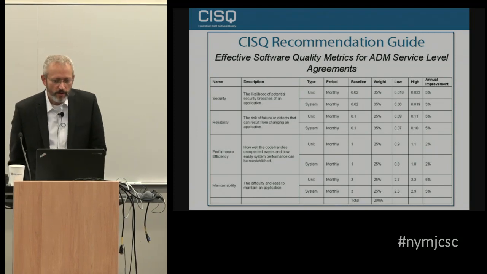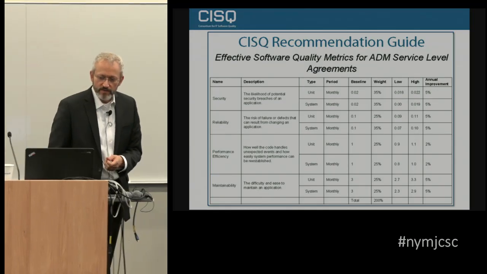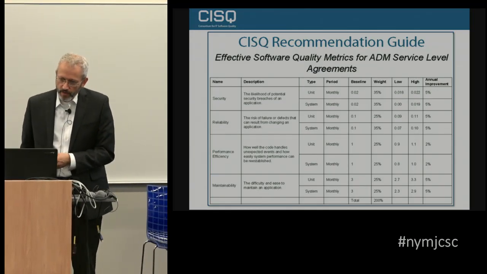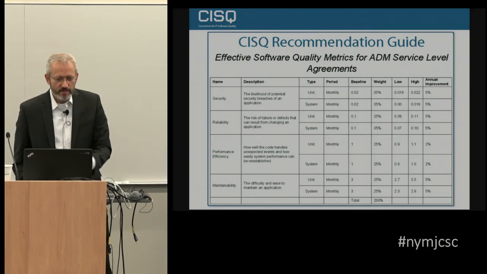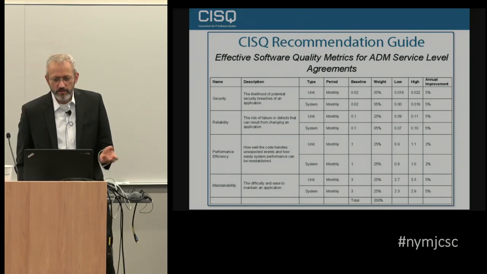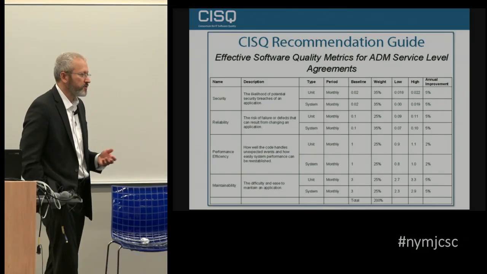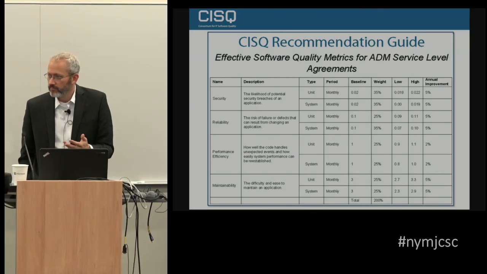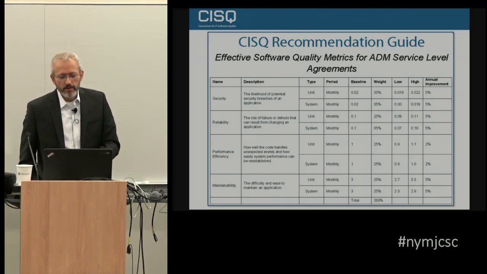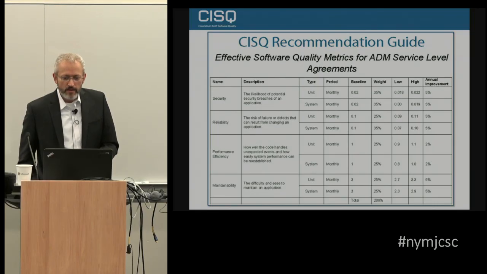And as I mentioned before, basically what they're using is densities. I think this is based on function points, so 0.02 is the baseline. This is a sample SLA, so you might look at an application and find that the baseline of unit level and system level are both 0.02 per function point, so findings per function point, or weaknesses that have been found. Like in a typical SLA, you assign a weight to those issues, to that factor, and then you have a target.